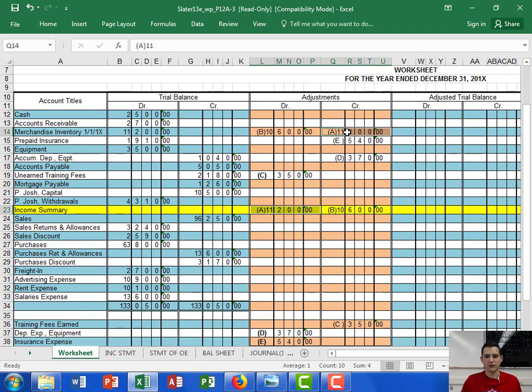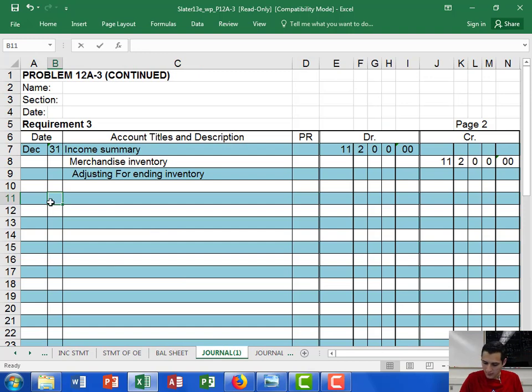So now the next one will show the entrance or the input of the new ending inventory balance, which is that $10,600. So we always start with our debits. So merchandise inventory is debited by $10,600. So then we're going to come over here on the 31st.